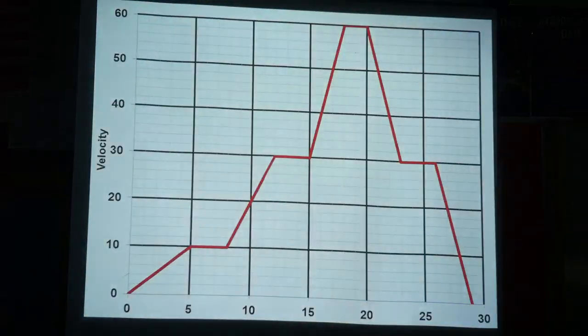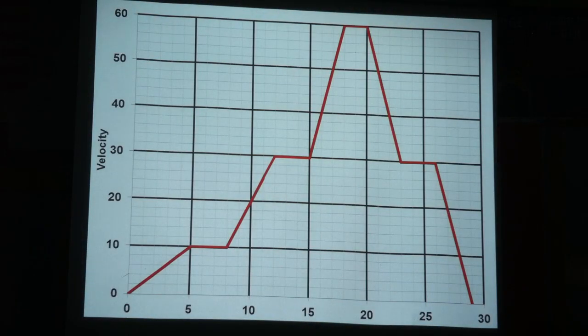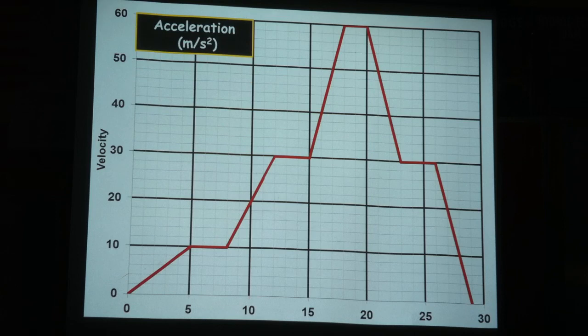Now, this is a velocity time graph, a little bit different, but you can see it's the same shape of graph. I purposely made the exact same graph, but instead of the y-axis being distance, the y-axis is velocity. And it's going to be an acceleration graph.